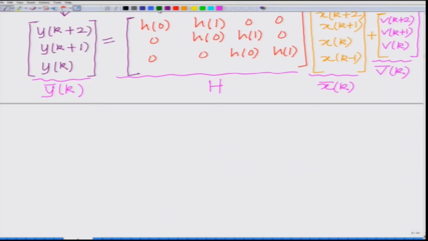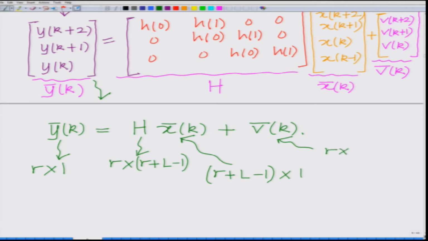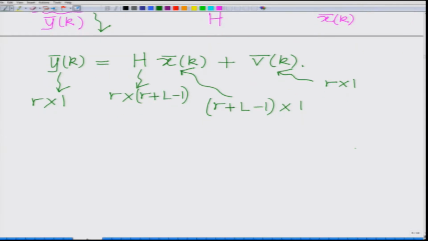So, I can summarize this model as y bar k equals H x bar k plus v bar k, and we have already seen this is an r cross 1 vector, this is an r cross r plus l minus 1 matrix, this is an r plus l minus 1 cross 1 vector, and this is an r cross 1 vector, and this is an r cross 1 vector.